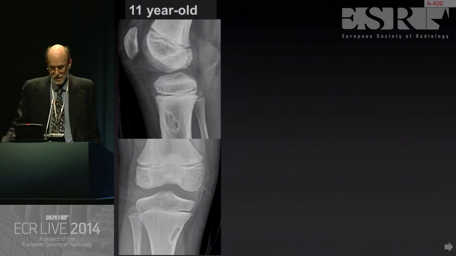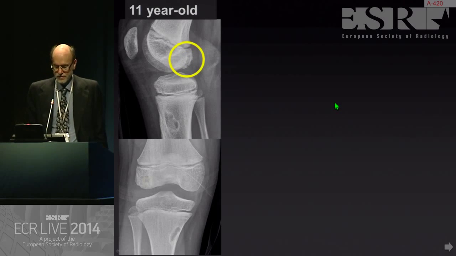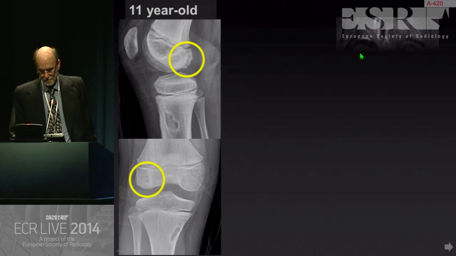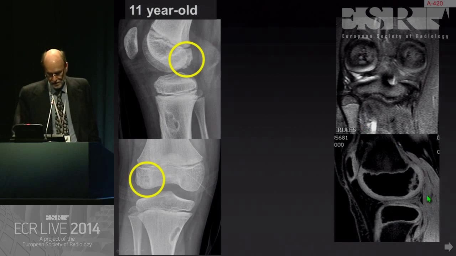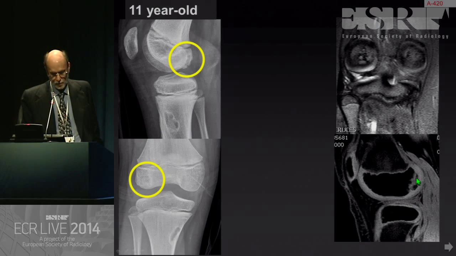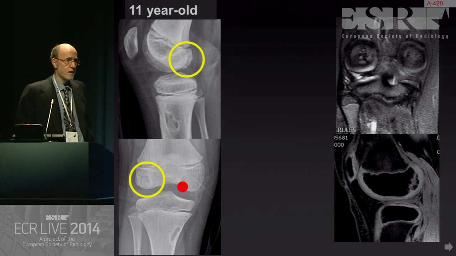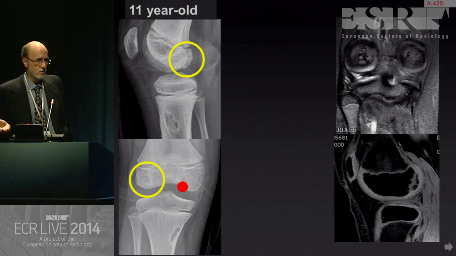But he was son of a VIP, and then he forced us to perform an MRI. We did it, and again, we demonstrated the fragmentation with the overlying cartilage perfectly normal. So it was consistent just with fragmentation, irregularity of the mineralization of this area. The question here would be osteochondritis dissecans or normal.